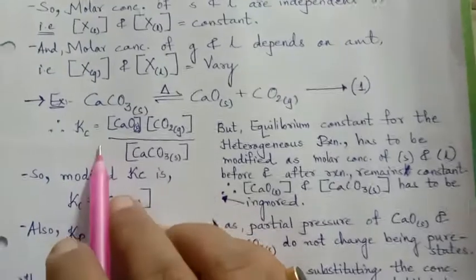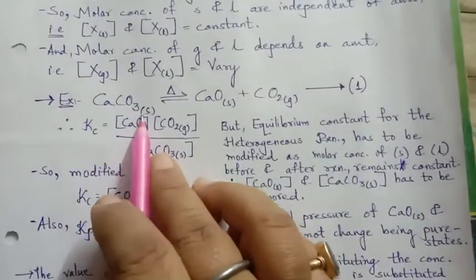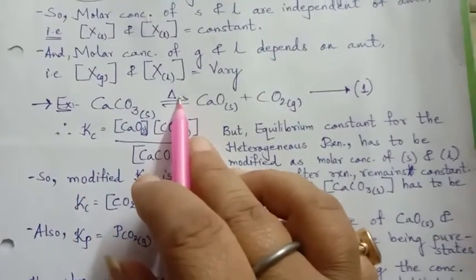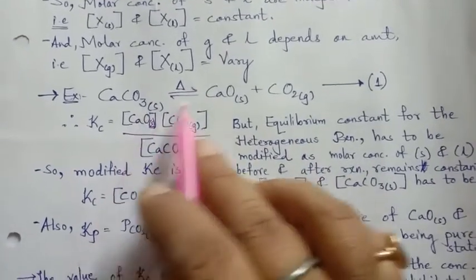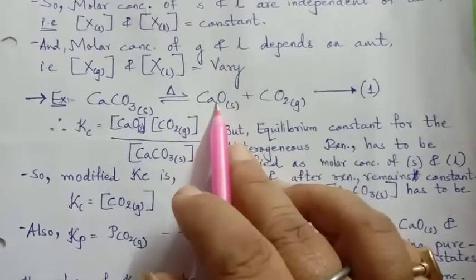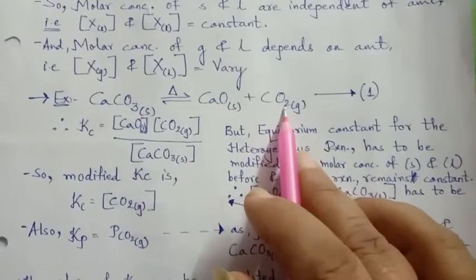Let's have an example here. Calcium carbonate on giving heat undergoes thermal decomposition. It is in solid form. It gives calcium oxide in solid form but carbon dioxide in gaseous form.